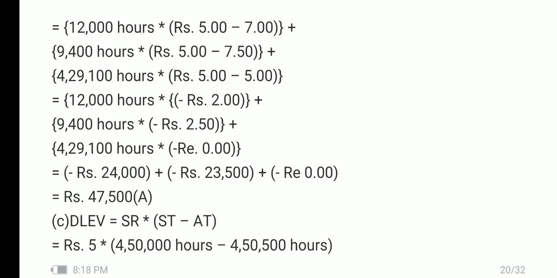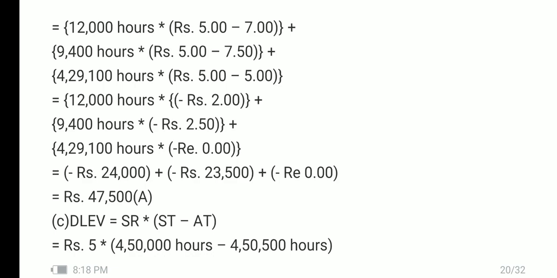When we simplify this: 12,000 hours into minus 2, plus 9,400 hours into minus 2.50, plus 4,29,100 hours into no difference at all. There is no variation. Standard rate is 5, actual wage rate is also 5.